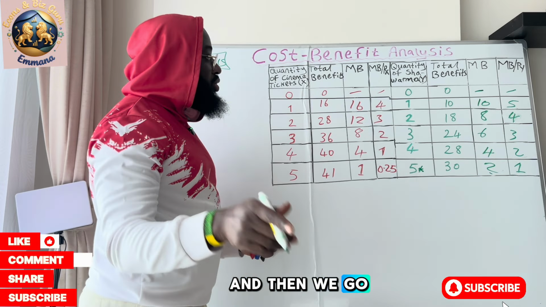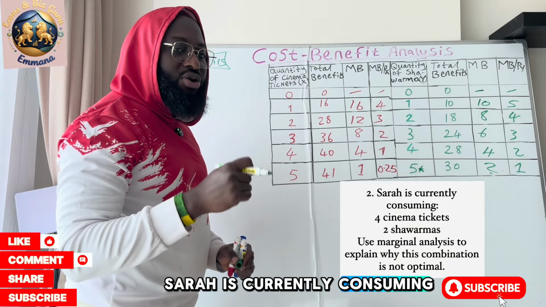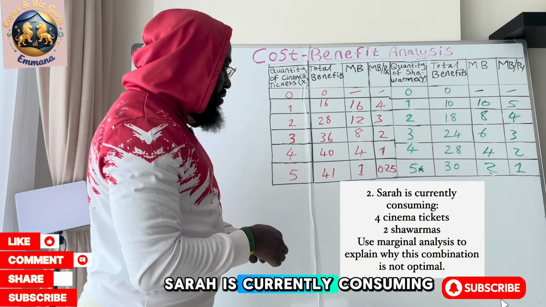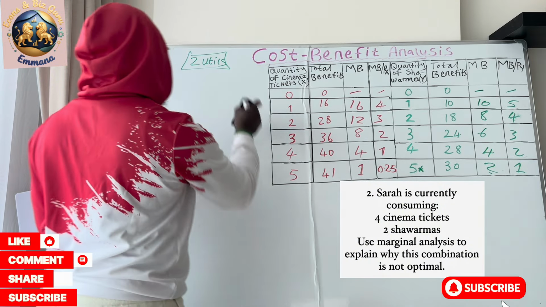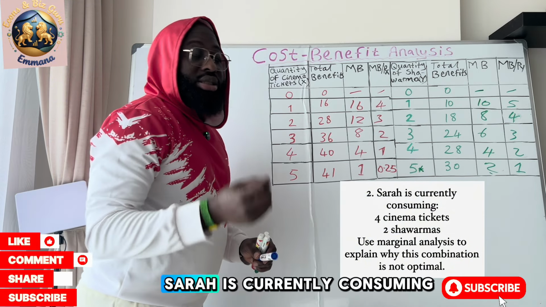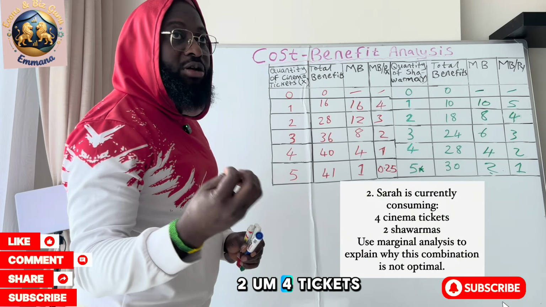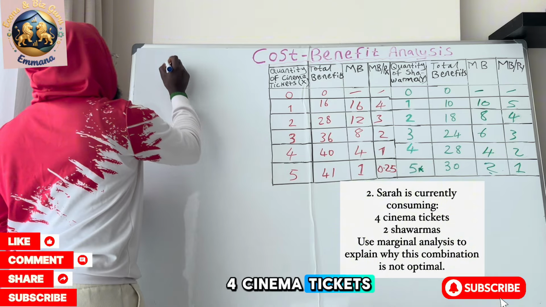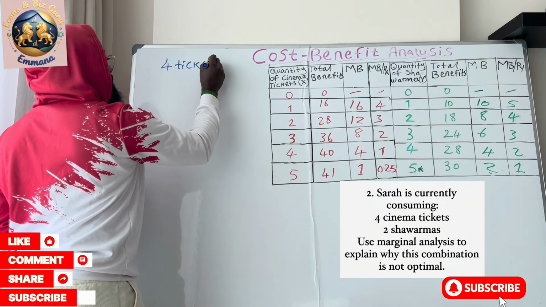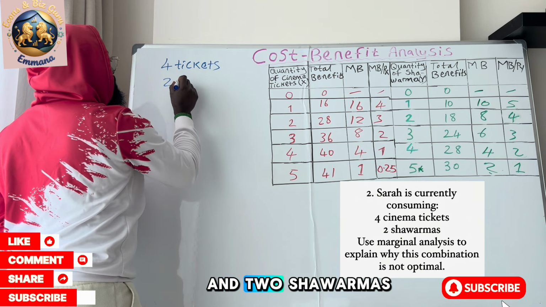And then we go to the second question. The second question says, Sarah is currently consuming 4 cinema tickets and 2 shawarmas.